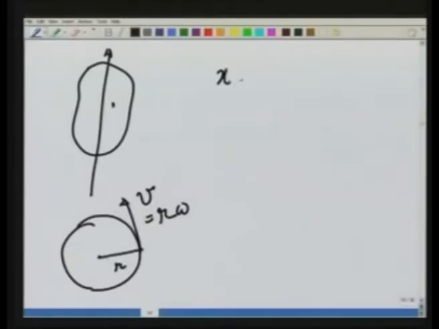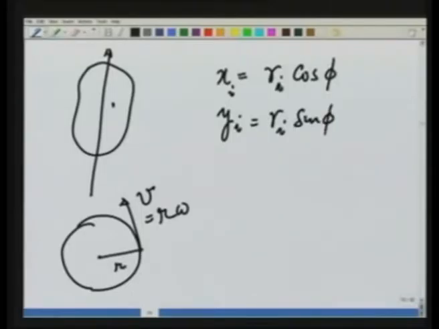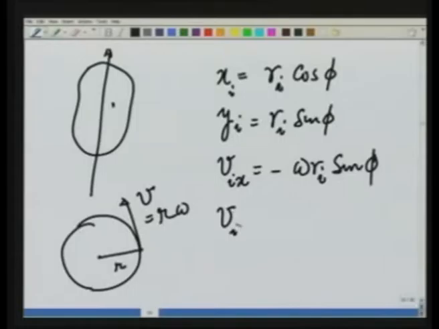The x component of the ith particle position is going to be r_i cosine phi, and the y component is going to be r_i sine phi. Velocity is in the phi direction, and therefore the ith particle's x component is going to be equal to minus omega r_i sine phi, and v_iy is going to be omega r_i cosine phi.